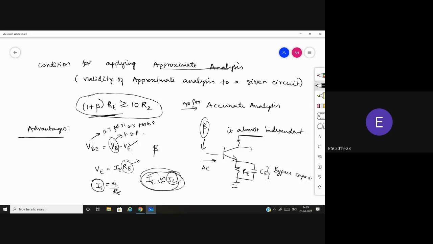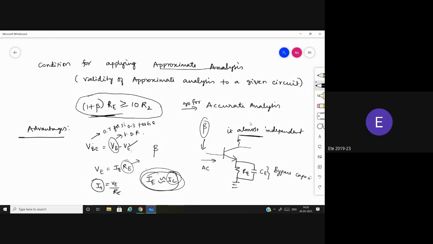You might think, okay, remove this RE and connect a capacitor. If that is the case, what will happen? See, CE is a bypass capacitance which is used to bypass the AC component which is trying to disturb the Q point.